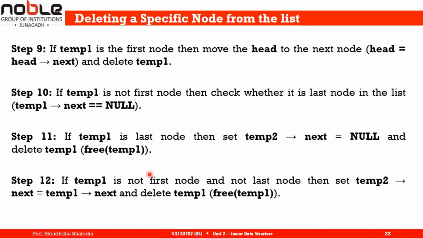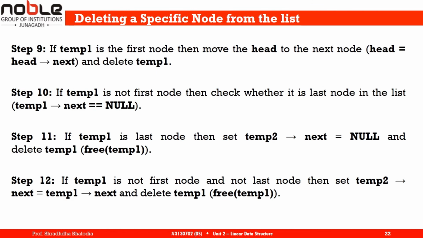If temporary 1 is neither the first node nor the last node, it means it is the specific node given in the list which we want to delete. Then set temporary 2 next equal to temporary 1 next and then delete temporary 1. So this is how the conditions are checked for deleting a specific node from the list, and at the end the deletion is done at the specific node.